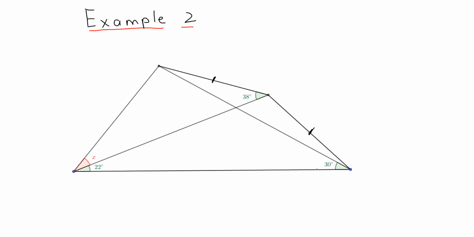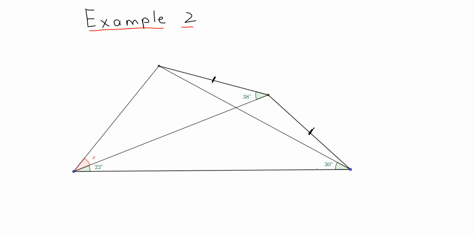Okay, I hope you've paused the video and had a go, so let's have a look at it together. The first thing I'm going to do is get a few extra angles. So I've got my 22 and my 30 here. So I now know that this angle up here must be 52.